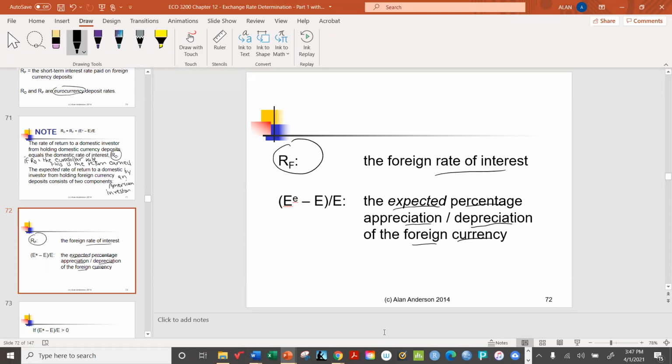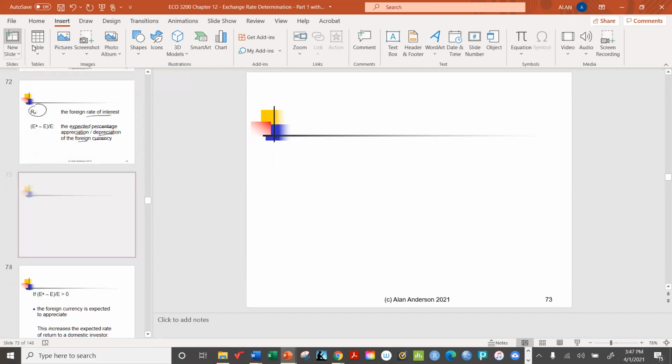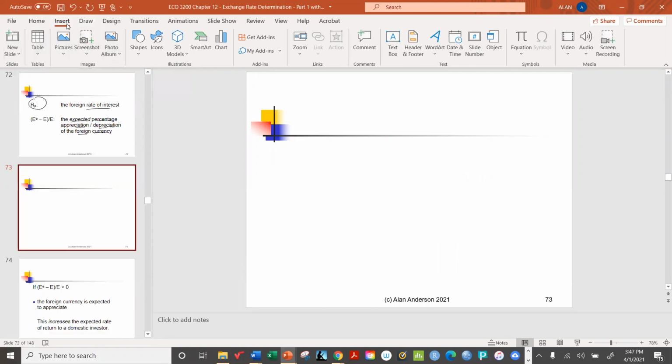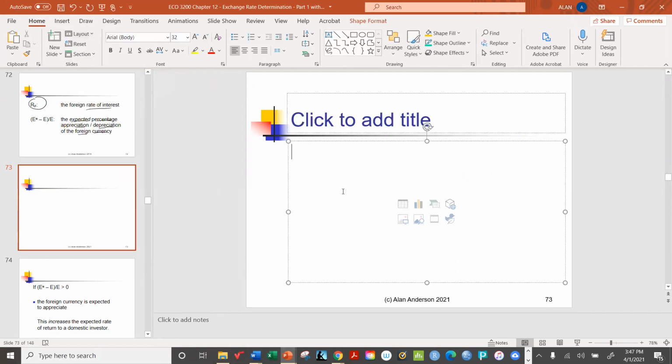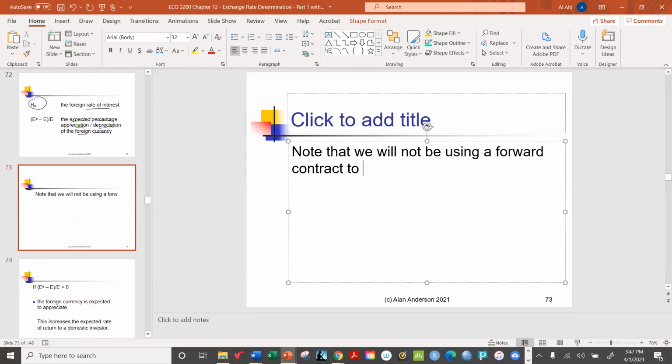Now, we already know why this is, because we've already seen this. Note that we will not be using a forward contract to hedge the risk of investing in the foreign currency.